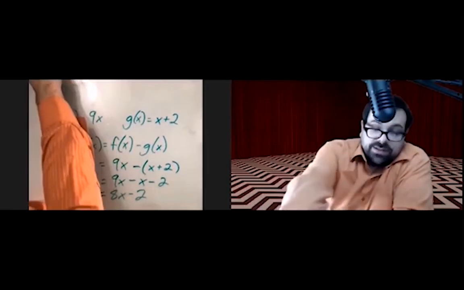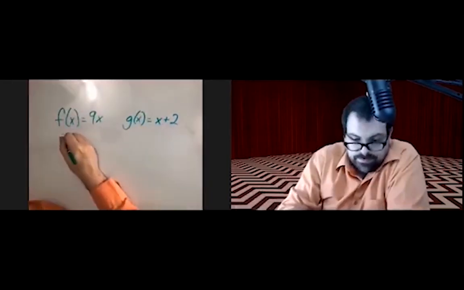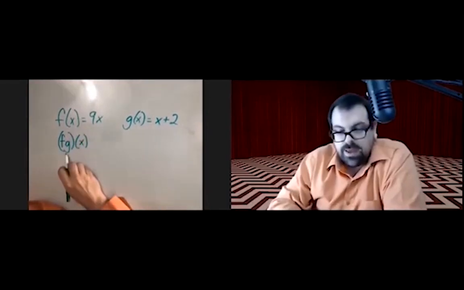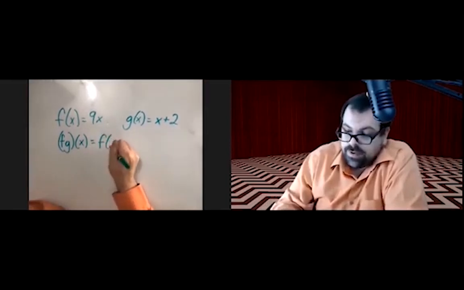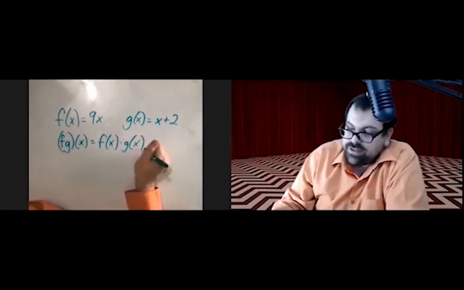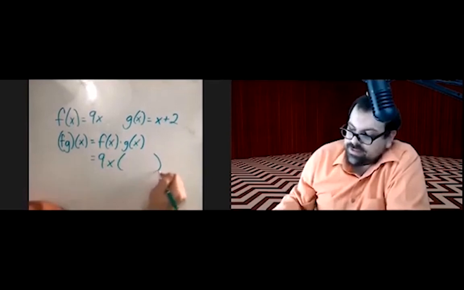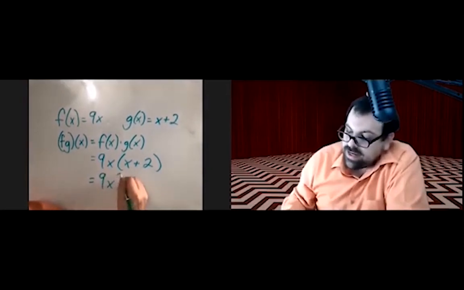F times g of x. Let's do that next. Fg of x would be f of x times g of x would be 9x times x plus 2 would be 9x squared plus 18x.